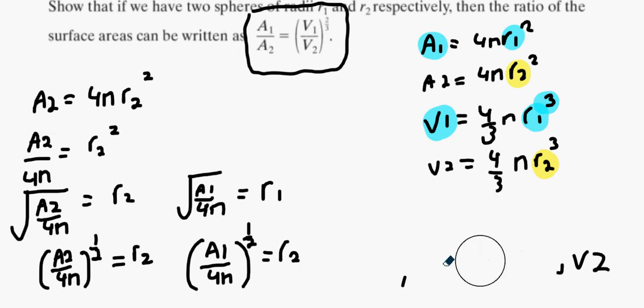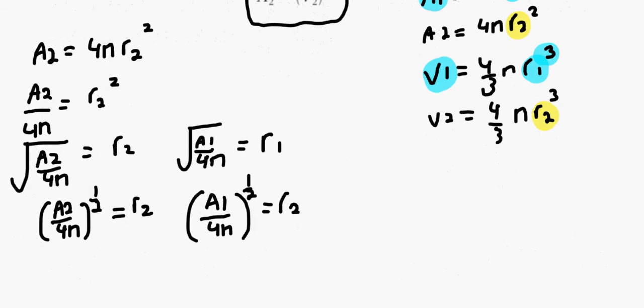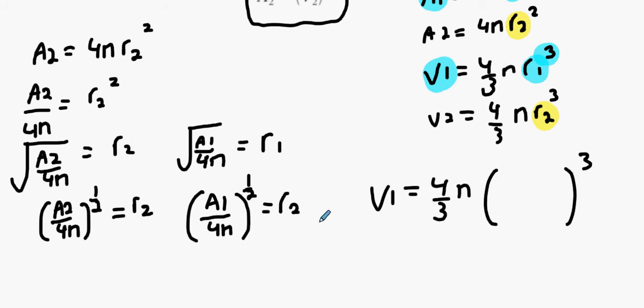So what's our first thing we're going to do? What are we going to do with V1 as an example? V1 is 4 over 3 pi, and what am I going to do with R1? What's going in there instead? A1 over 4 pi. Is that okay?